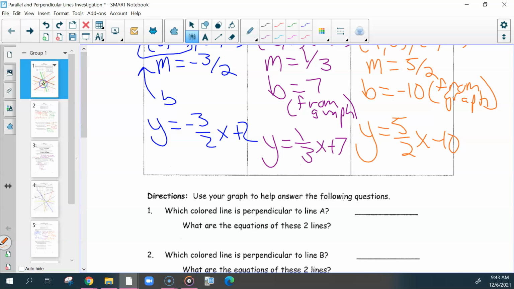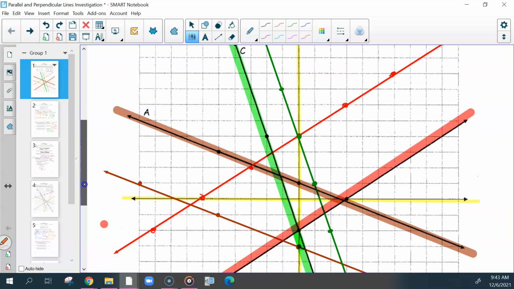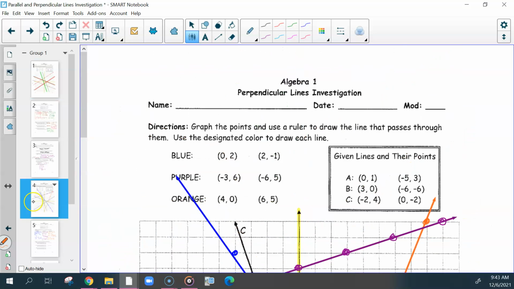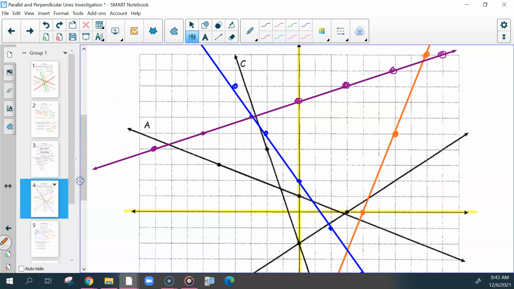Okay, so if we look at these lines, yes, they have to cross. But they can't just cross and make whatever.